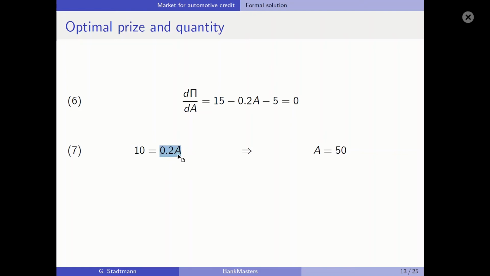In the next step, we divide by 0.2 so that we isolate A on one hand side of the equation, and hence we know that the optimal quantity is equal to 50. Now it's very easy to compute the optimal price. We have to insert the optimal quantity into the price relationship, and then we get that the optimal interest rate is equal to 10.